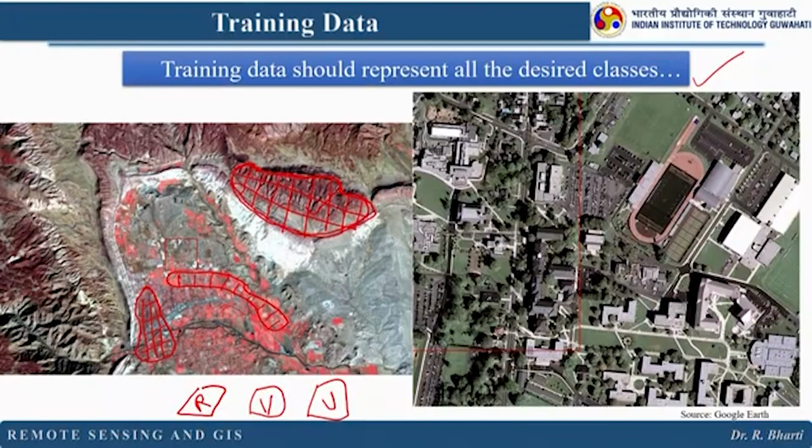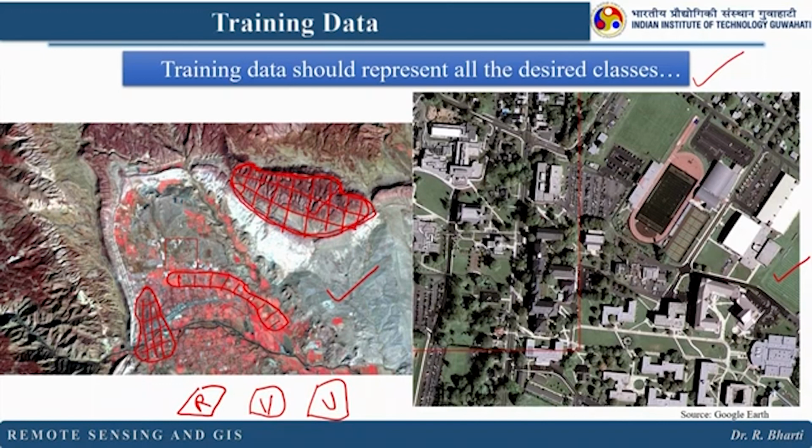In case of high spatial resolution data, what happens? You can easily find different classes, but in case of low resolution data, it is hard to find even 4 or 5 classes, but in high spatial resolution, it is very easy. You can separate each and every different object into different classes, right.